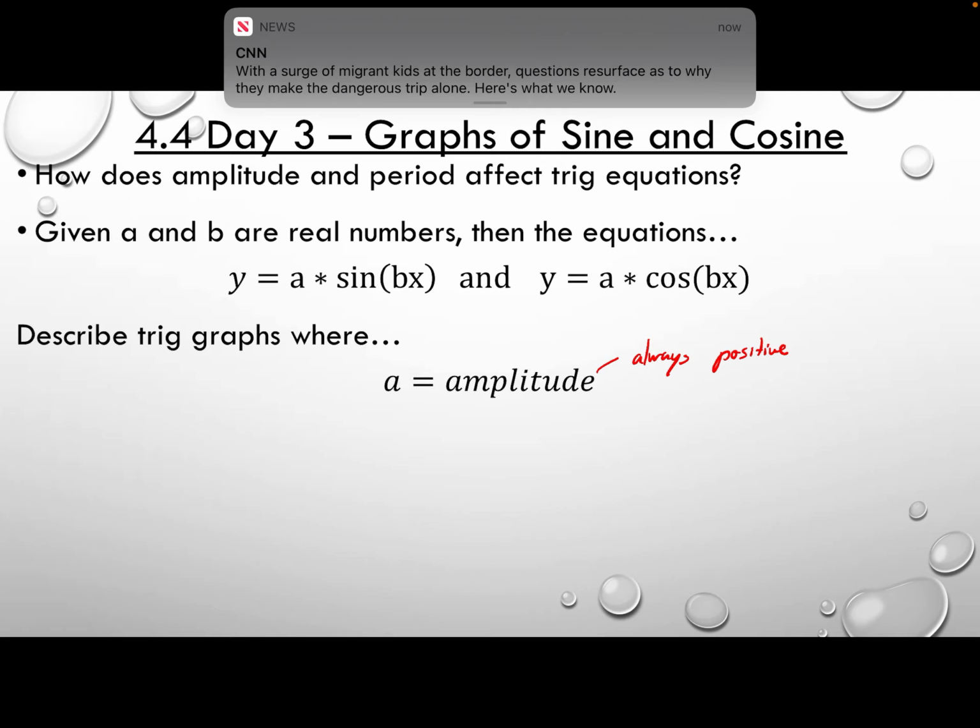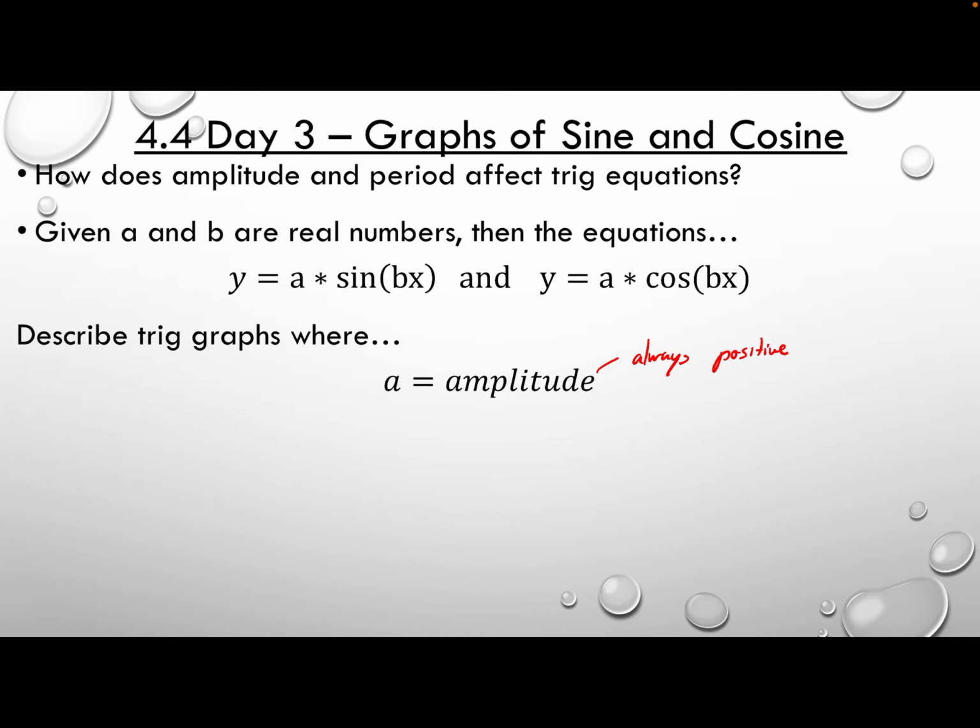Sometimes you'll see numbers in front of the equation that are negative. Even if they're negative, the amplitude is still positive. So if it was -3 in front of sine, the amplitude would be +3, not -3.